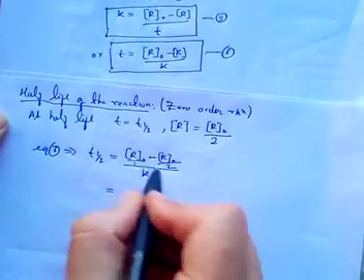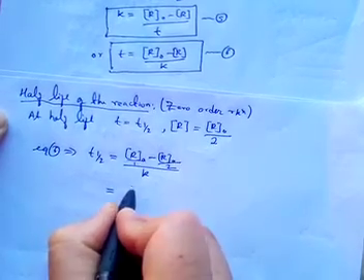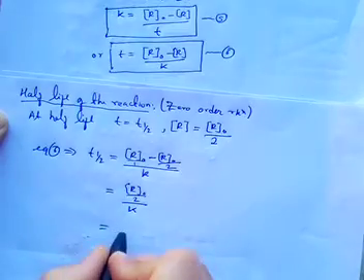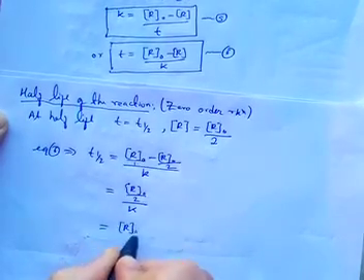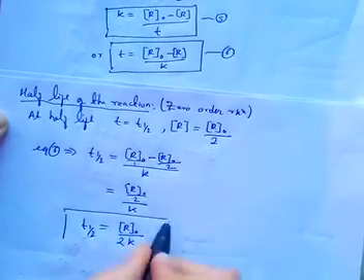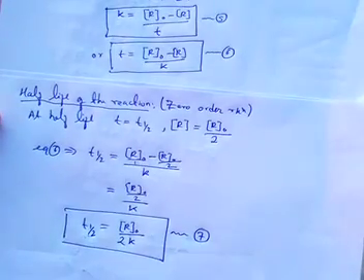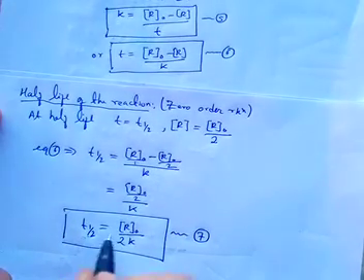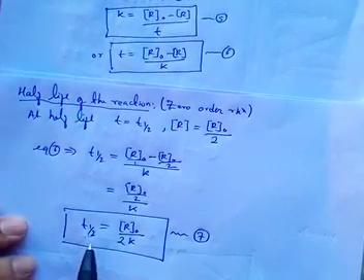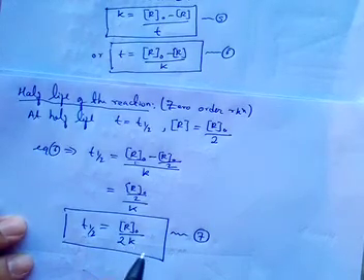If we do the LCM and solve it, you'll find it is R0 by 2 by k, so R0 by 2k. So equation 7, the final equation, comes as t half is equal to R0 by 2k. So the half-life period for the zero order reaction is R0, the initial concentration, divided by 2 times the rate constant.